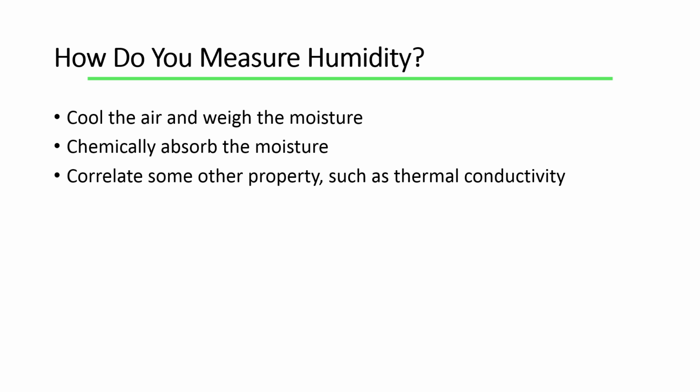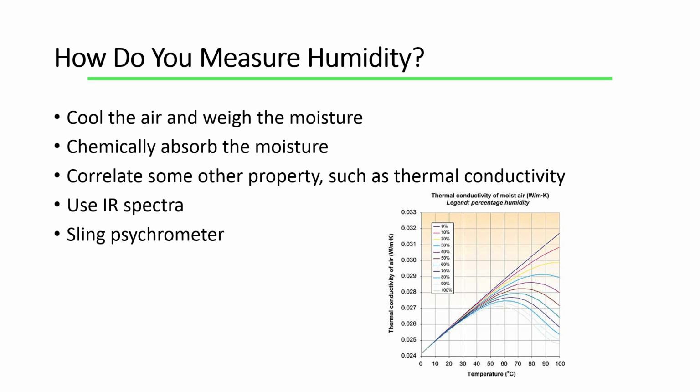Okay, or you could correlate some of their properties, such as thermal conductivity, if that changes with the water content in the air. You could use infrared spectra or a sling psychrometer. So for example, thermal conductivity, let's say you want to have a device that would measure this.